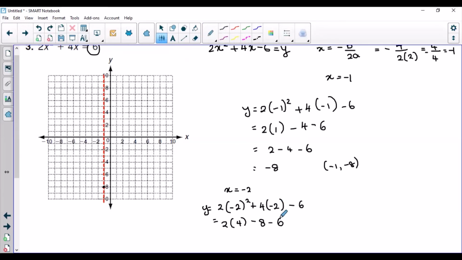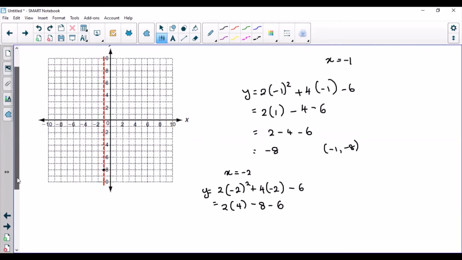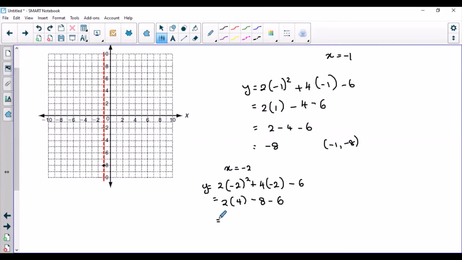You have to be careful when you're solving the signs. This is going to be 8 minus 8 minus 6, which means 8 minus 8 is 0, 0 minus 6 gives you negative 6. So the first pair of coordinates which we got by ourselves is negative 2 and negative 6.